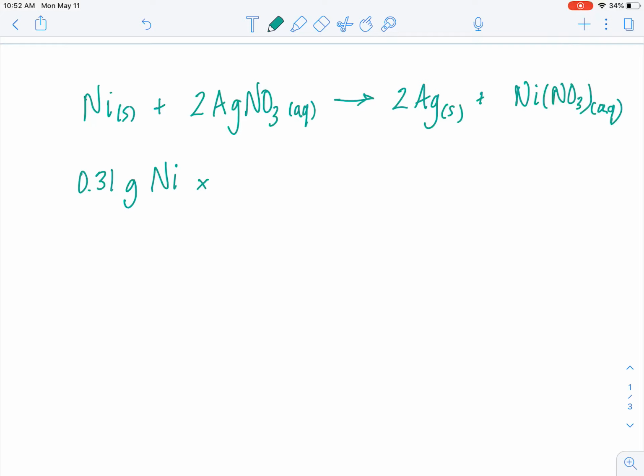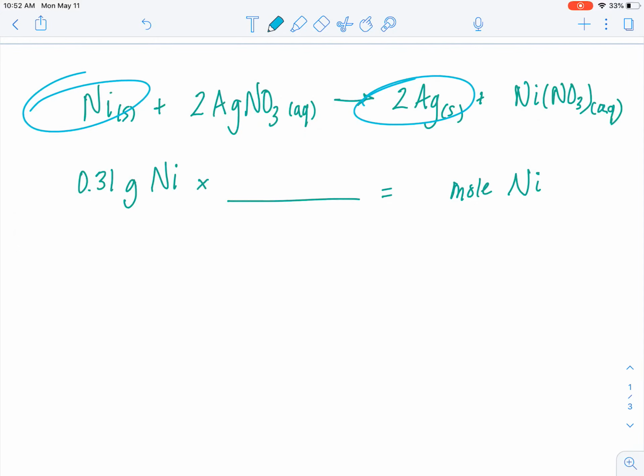We need to know how many moles of nickel react in order to relate moles of nickel to moles of silver, because the balanced chemical equation tells us that for every 1 mole of nickel, there are 2 moles of silver produced. The only way to relate these reactants to products is with the mole ratio. So I need the molar mass of nickel to convert from grams to moles, so use your periodic table.